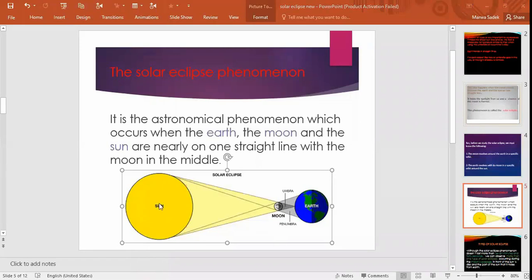The light of the sun will travel in a straight line to the earth. But here we will find a dark object in the middle, which is the moon. This dark object, which comes in the way of the sunlight, will block sunlight from reaching this part of the earth.